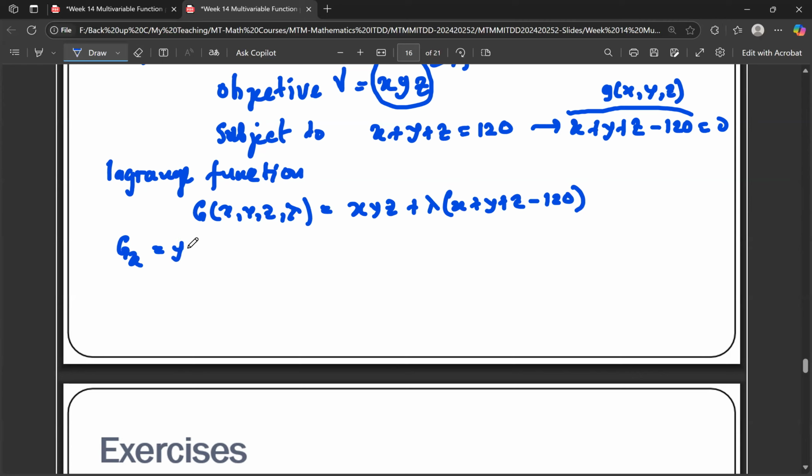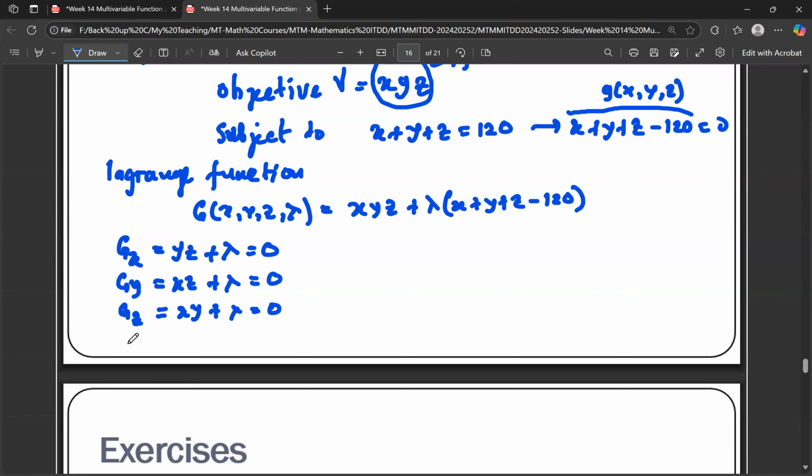We have yz plus lambda, and we set it equal to 0. G_y, the same procedure: we have xz plus lambda equal to 0. G_z: we have xy plus lambda equal to 0.